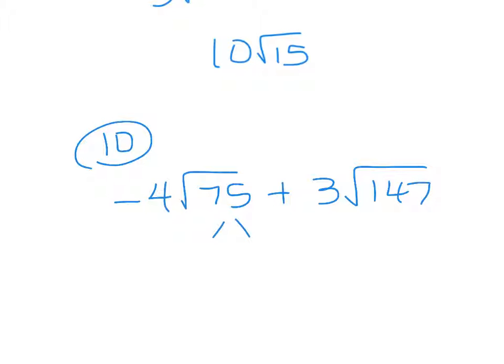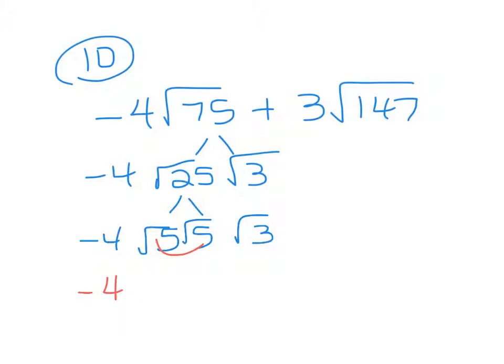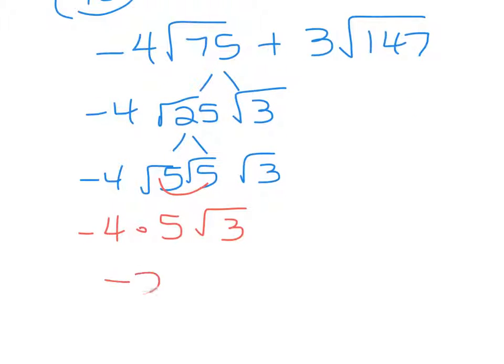So the 75, I know I could break this down into 25 times 3. And then I can break down the 25 into 5 and 5. Notice I have a pair of 5s, so that 5 will come out. So I'm going to multiply negative 4 times 5, square root 3. So I end up with negative 20, square root 3.